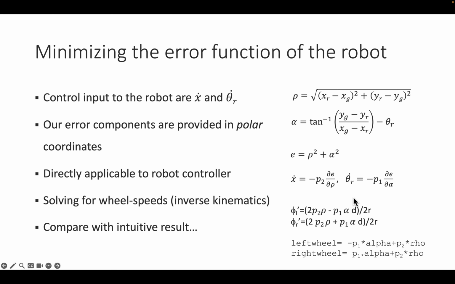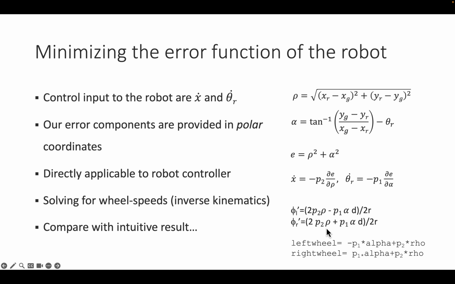So this will be multiplied with -1, and the result is that theta r is going to be proportional to alpha. And with that you get the equations for the wheel speed after converting from polar coordinates into wheel speeds.